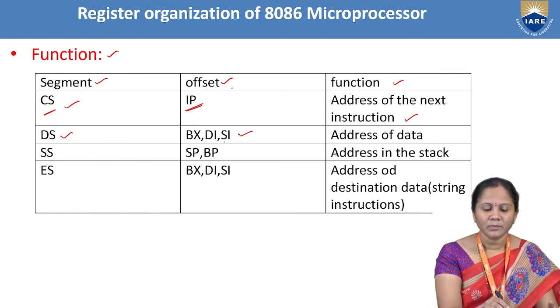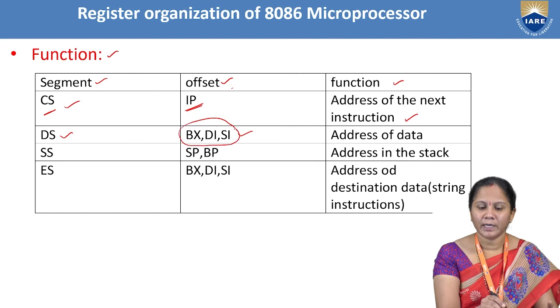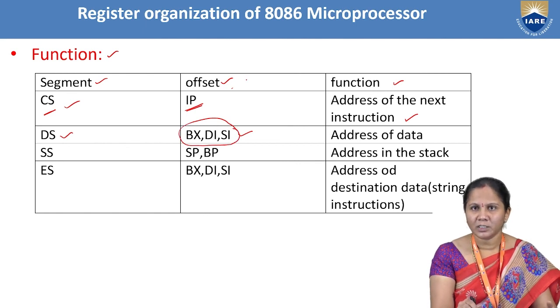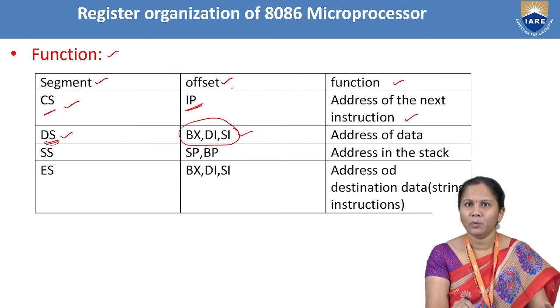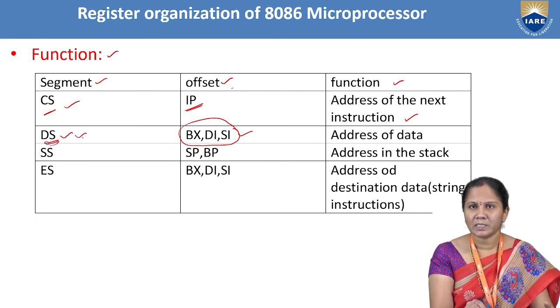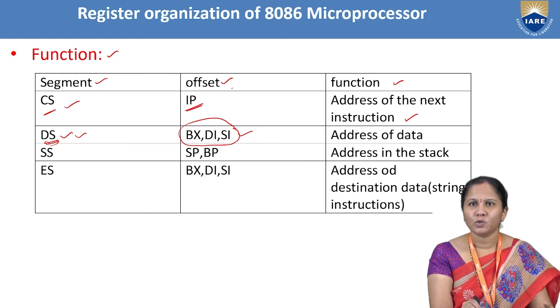And if the segment address we are getting is from the data segment, the offset address should be considered from BX, DI and SI only. BX means base register, DI means destination index and SI means source index.